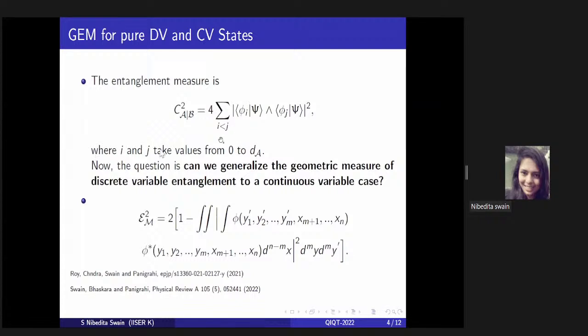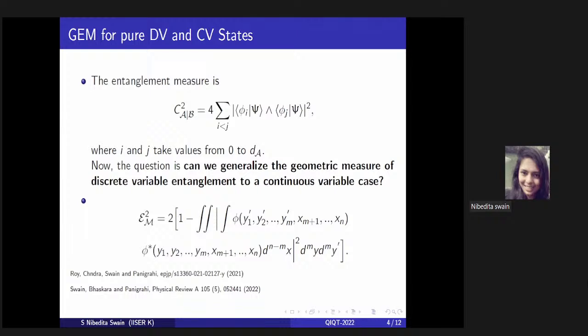Next you ask the question, can we define this measure in the case of continuous variable systems? In this work, we have proved that even if a single pair of elements of an infinite set of vectors are not mutually parallel, then this adds entanglement to the system.